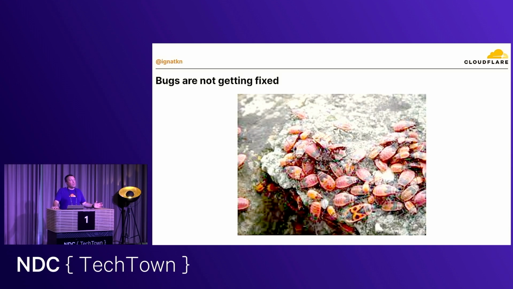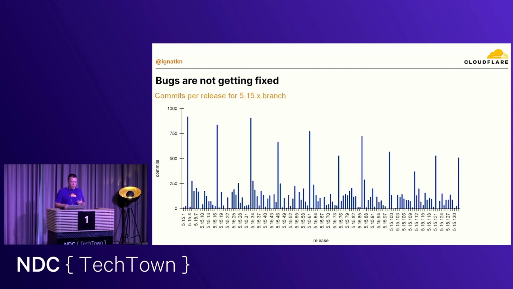I will be talking about the different types of kernel releases later in this talk, but so far what you need to understand is that a kernel bug fix release is usually released on a weekly basis. It's usually Tuesday or Wednesday, and every week you have a bug fix kernel release. So this graph shows one of the Linux kernel stable branches called 5.15.